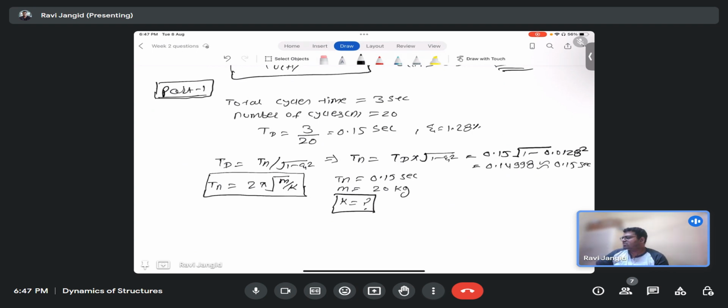Anyone with the stiffness? Is it 35.056 into 10 raised to 3? 35.05 into 10 raised to power 3?